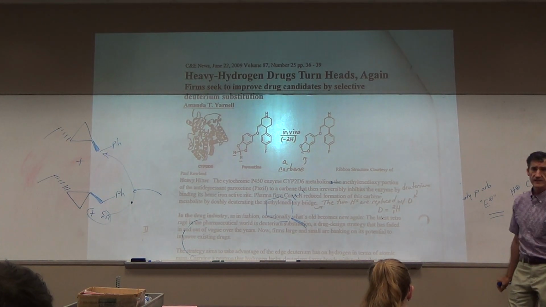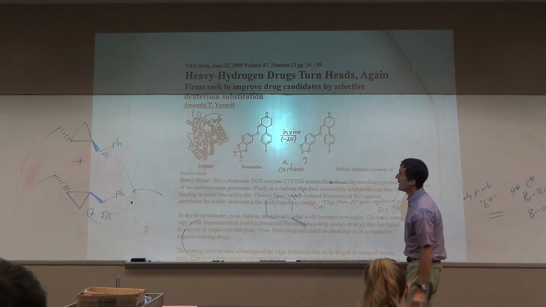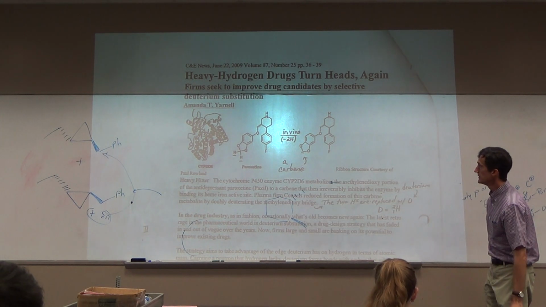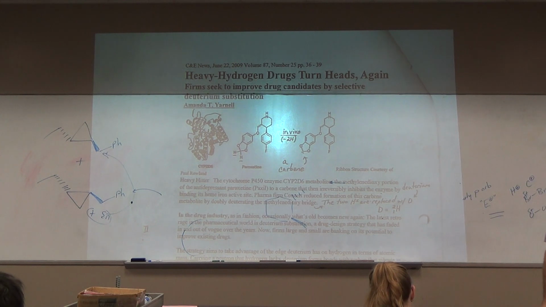Carbenes are sometimes seen other places. This is a drug, Paxil, I believe. So any drug in the body is going to be metabolized. Chemical transformation, and that metabolism has some mechanism, and it's a reaction.